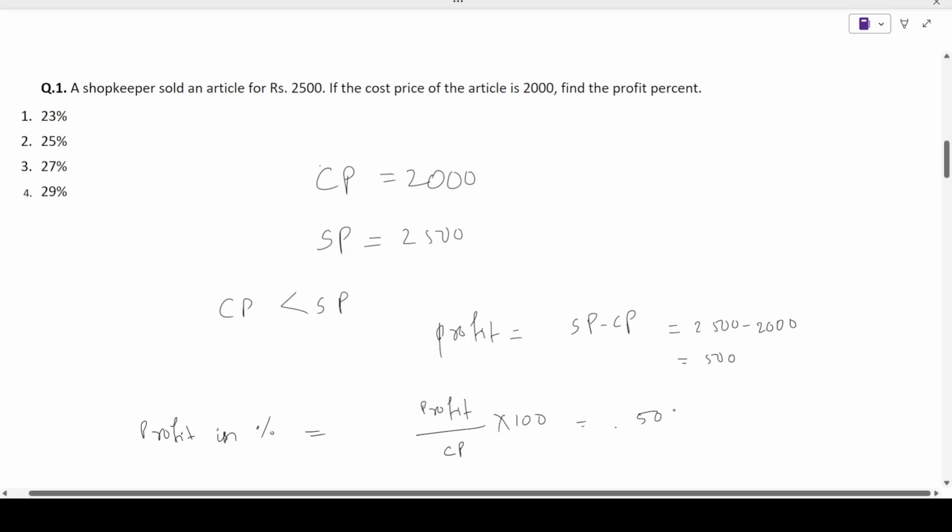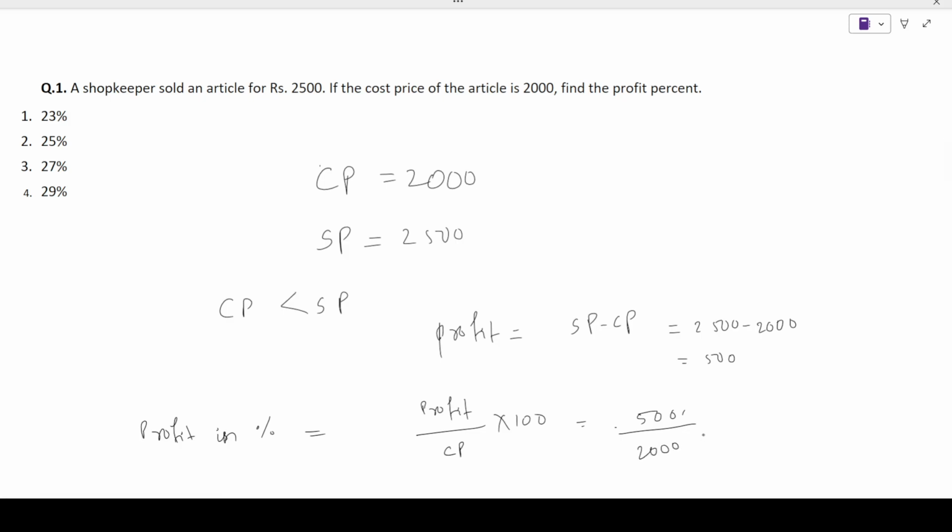Profit is 500 and cost price is 2000, so 500 upon 2000 into 100 gives 25%.